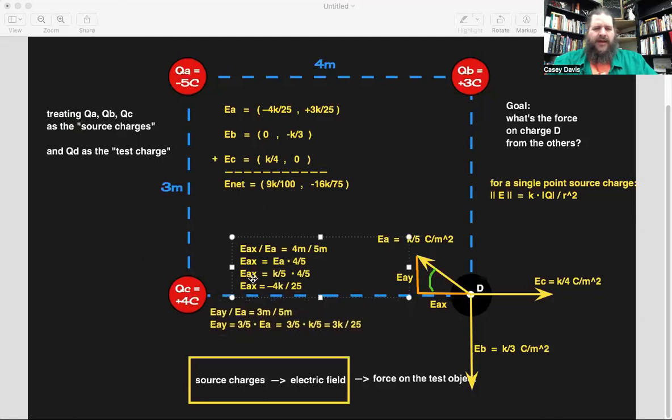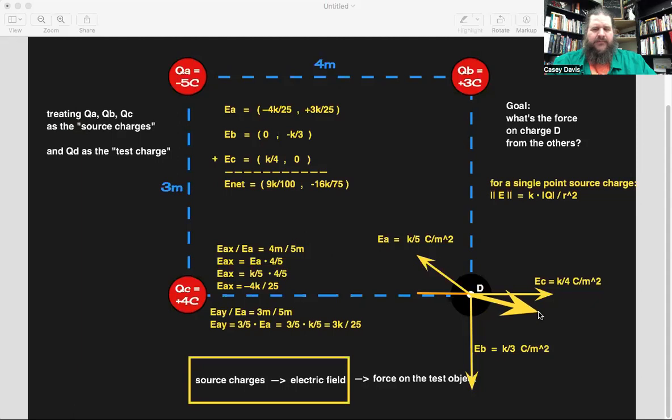So now that we know that, let's draw that in geometrically as well. Tidying this up a little bit. If we draw out the total electric field at that location, that is 9K over 100 to the right and 16K over 75 downwards.